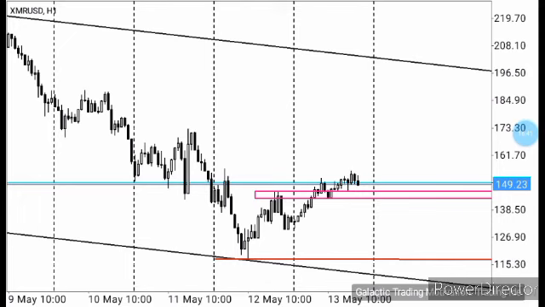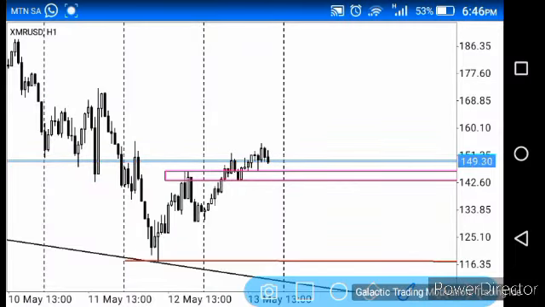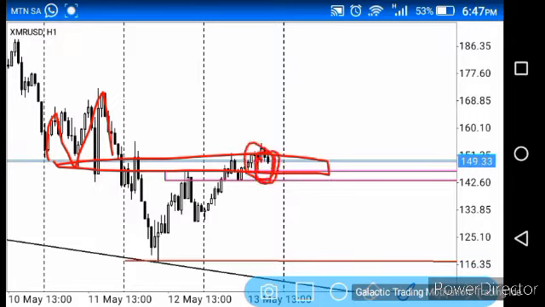Let's see. So we also had an overextended M formation in this region, with the neckline being here. So what could be happening is price could be testing the neckline of this particular M formation, and we might see it actually coming down to this level to grab that liquidity, and then it may form another W structure with the neckline being there.